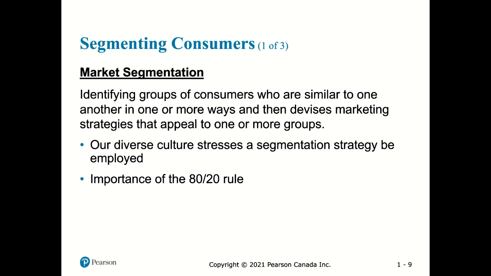Our culture stresses that a segmentation strategy be employed, and we know the importance of the 80-20 rule that I explained: 20% of the customers in any organization contribute 80% of the turnover, and the other 80% of the customers contribute just 20%. So what does it mean?